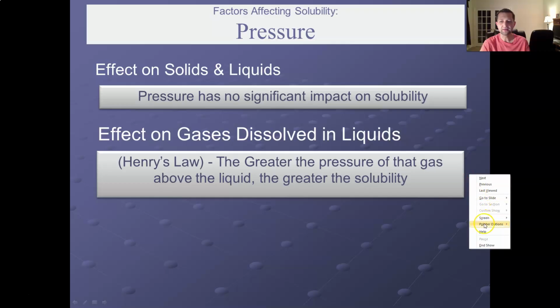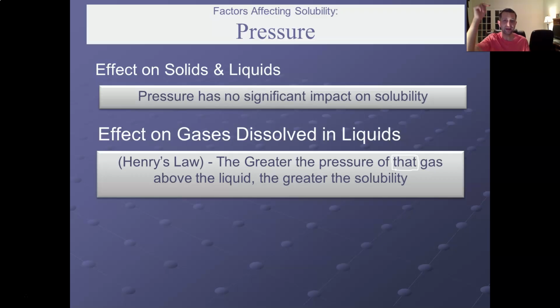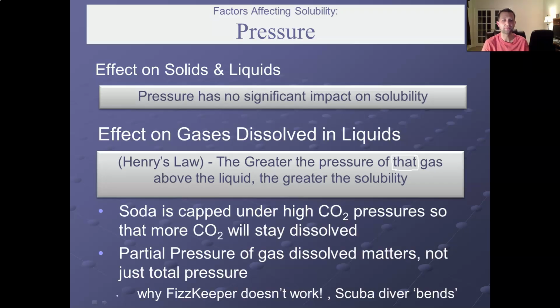And there's a key word here. You might not think it is important, but it is. It's right here. Okay? The greater the pressure of that gas above the liquid, the greater the solubility. So if you want to increase the solubility of a gas, you want to increase the pressure of that gas above the solution you're trying to make, right?